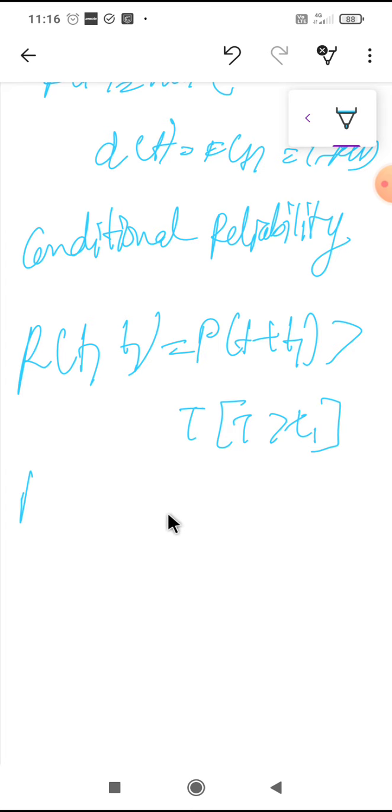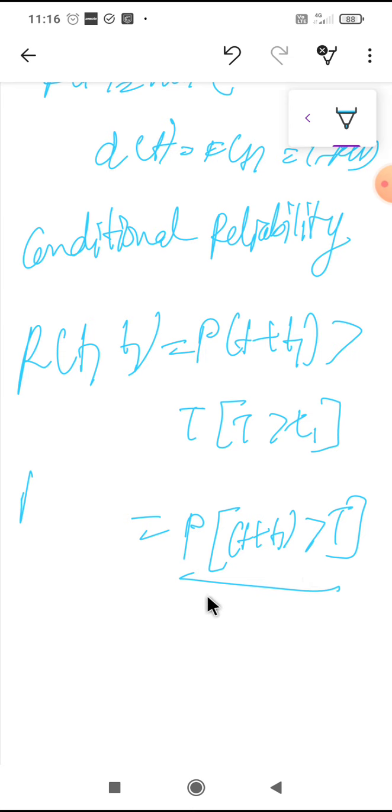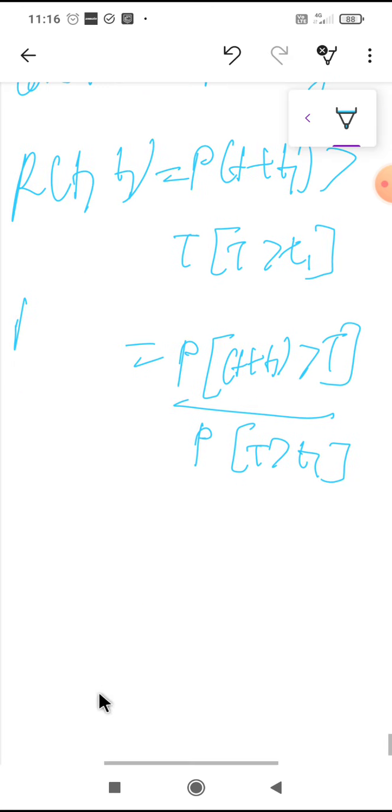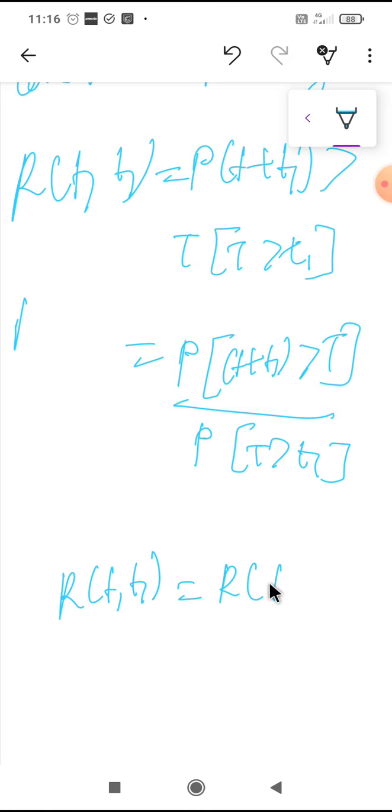We can write it as P of T plus T1 greater than T, divided by P of T greater than T1. So R of T given T1 is equal to R of T plus T1 divided by R of T1.